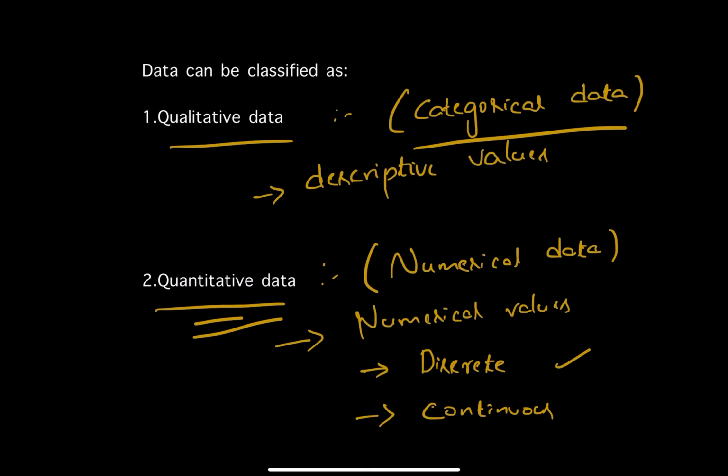And if any data contains some decimal part like height, weight, suppose if a height of a person is 5 feet 7 inches, something like that, or weight of a person is 98.4 kg. Here we are giving some decimal part, right? So such type of data is continuous and that too within a range. Okay, I hope this is clear to you.